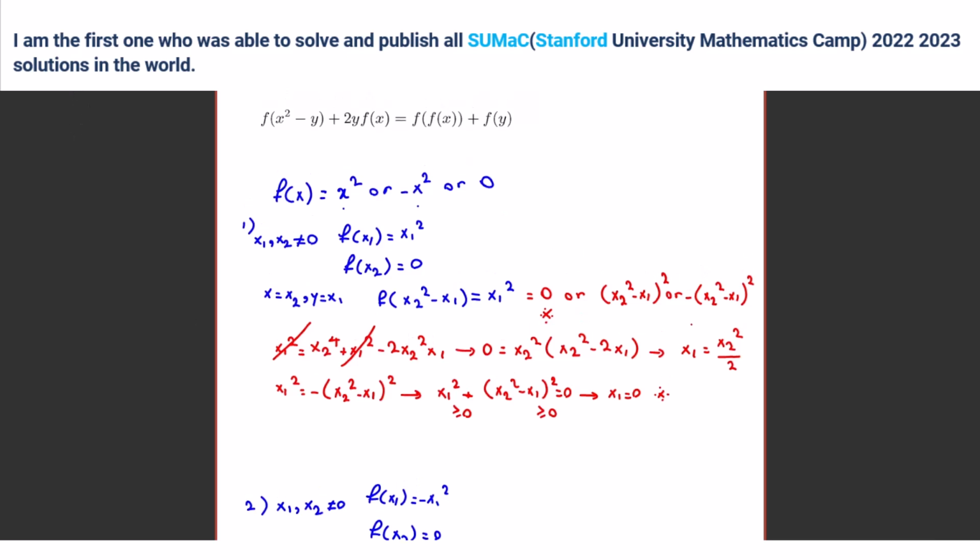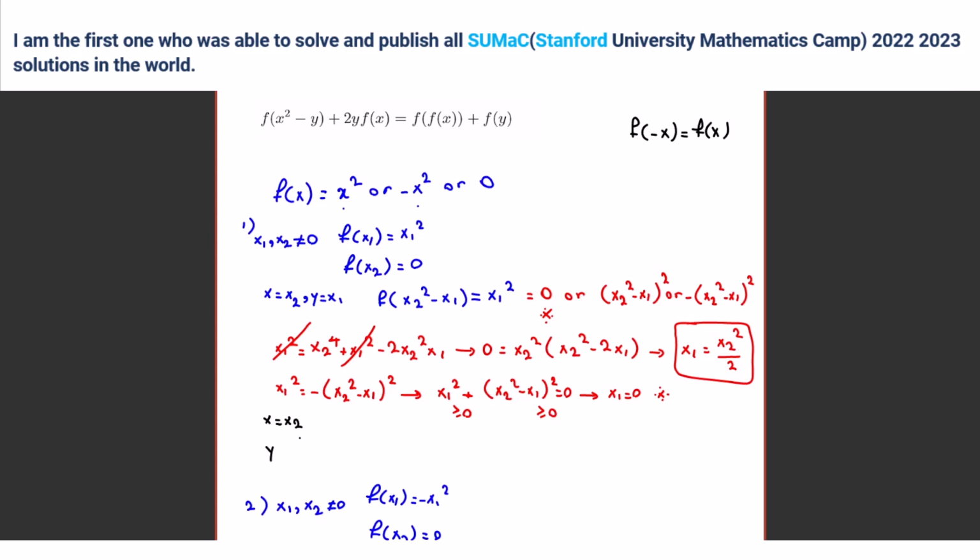Now here we have only this case. Again, we replace x with x2, okay? If we replace, for example, y, do you agree we proved in the beginning f of negative x is f of x?